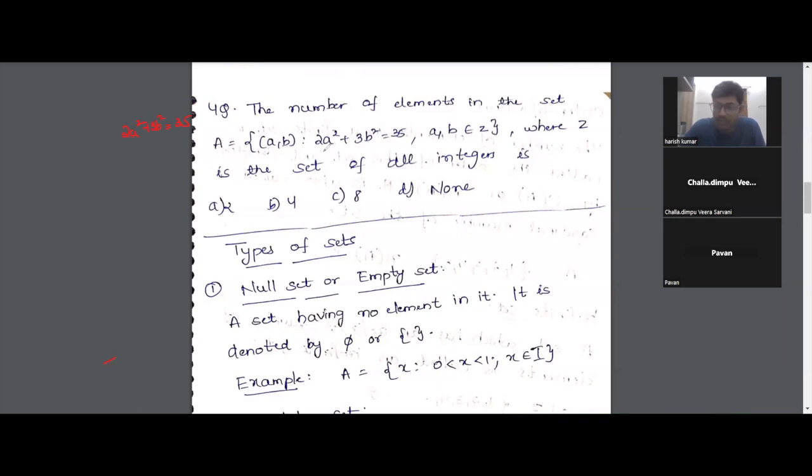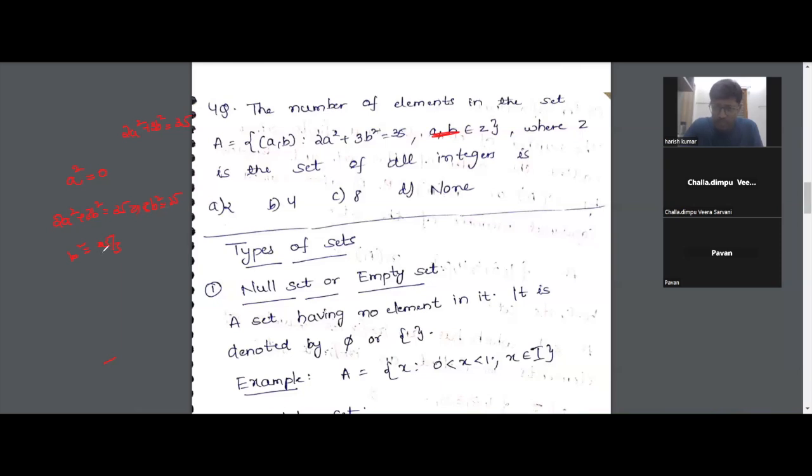Now, one thing is clear for us. What is it? That a, b are integers, right? So if a, b are integers, we have to do this problem by trial and error only. There is no other method. So first, let's say the value of a square is 0. Then let's try to find the value of b. If a square is 0, then 2a square plus 3b square equals 35 will become 3b square equals 35, which will become b square equals 35 over 3.